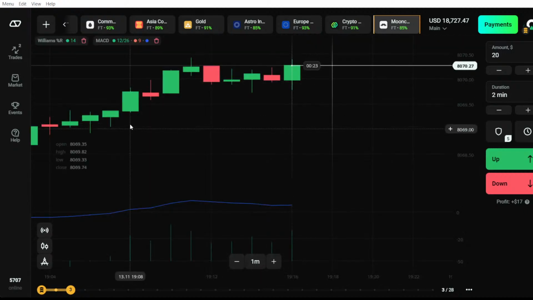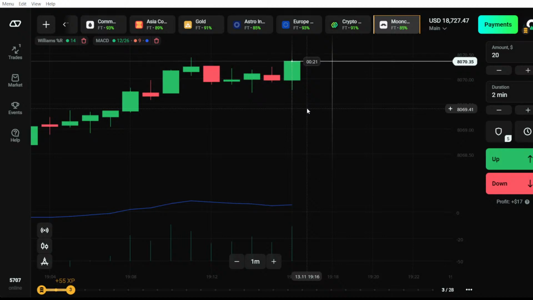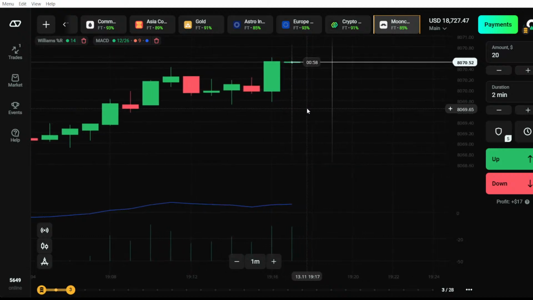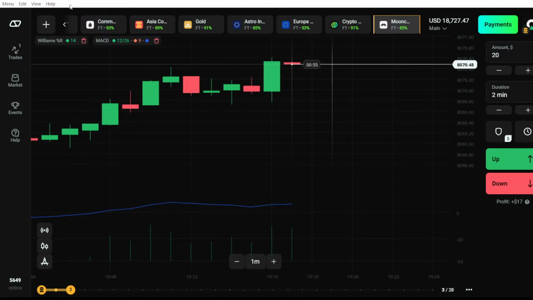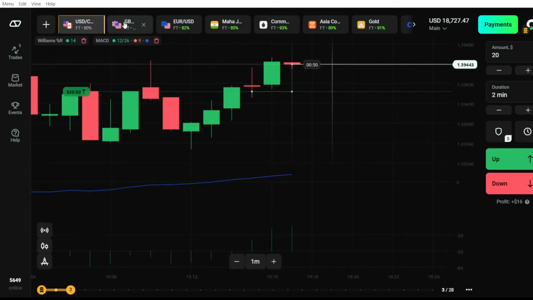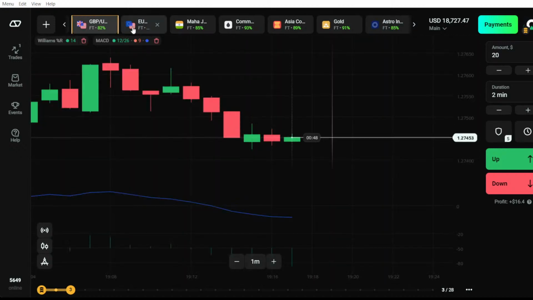If you depend on one strategy and on that specific day it is not performing well, or that indicator is quite slow, sometimes due to frustration or eagerness, you think it's been a long time since I have taken even a single trade, so let's take a random trade. That one trade can change the complete scenario of your day. If your first trade does not go to the positive side, it can lead to pressure that can ruin the complete day. So please focus on that and then trade accordingly.